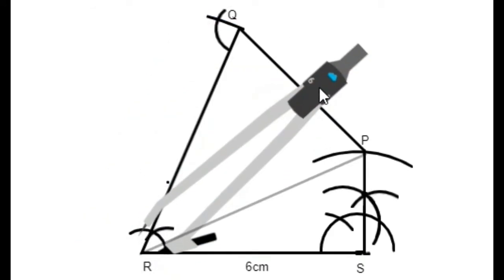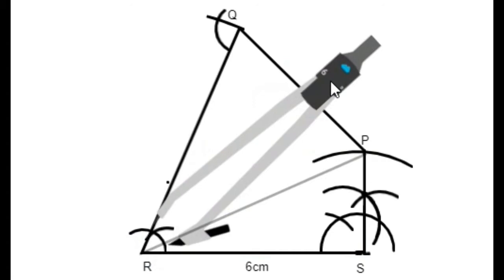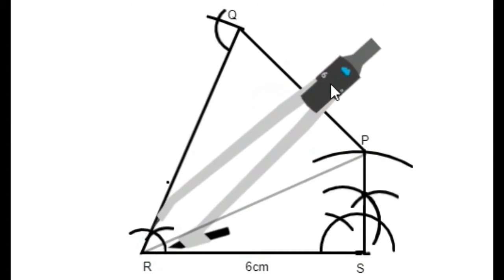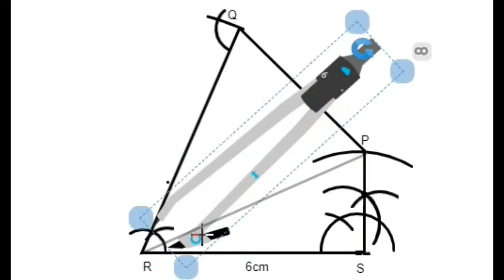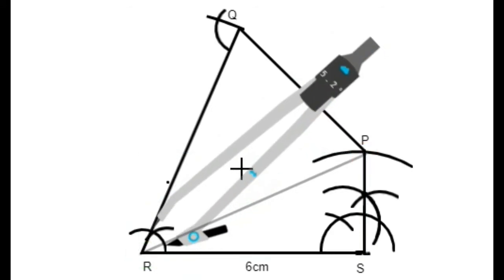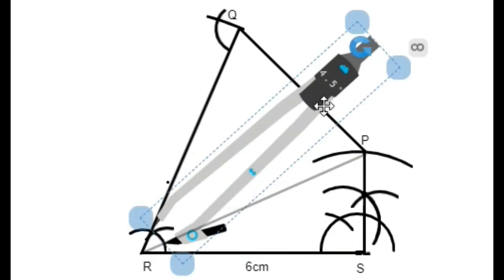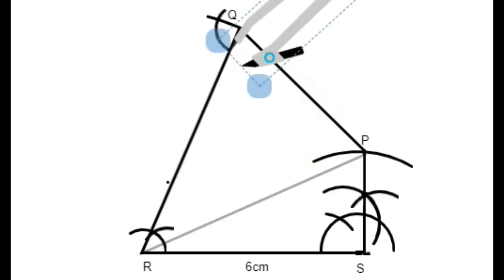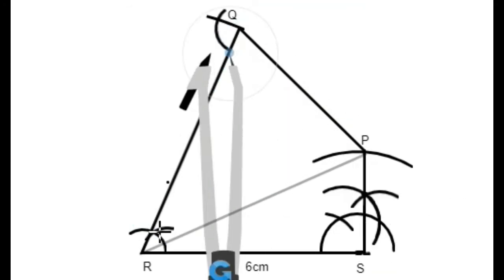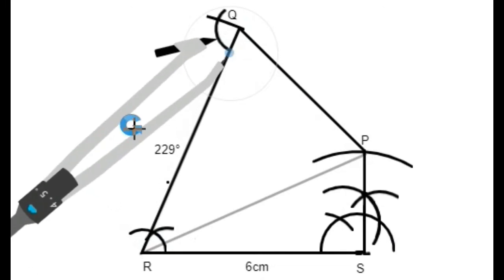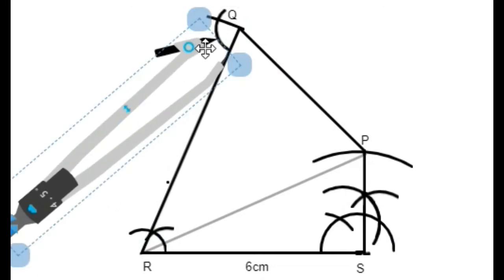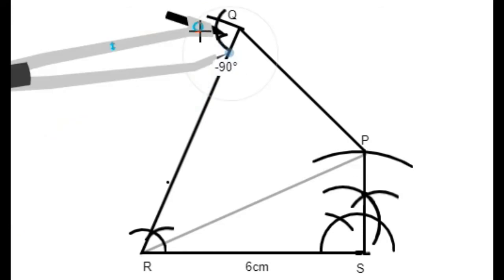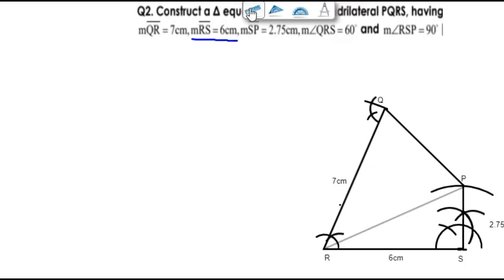Okay, now we are going to measure this distance. Yes, here. Let's measure this distance. Yes, here it is. So we have to take this as a center and put an arc.